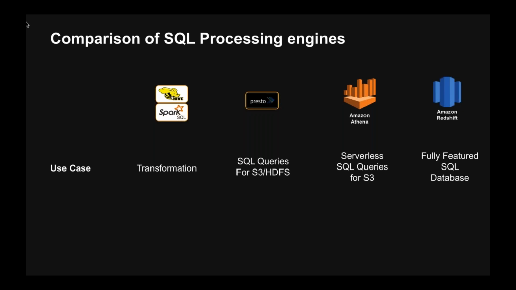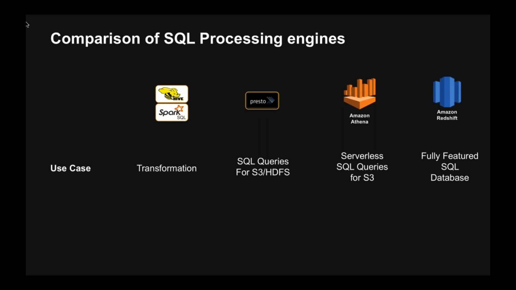Athena is similar, but you want a more serverless approach where you just want to run the queries without having to worry about a server. And then Redshift is much more a fully featured SQL database. So think about more of a data warehouse or a data analytics data mart, for example, where you need some of the facets that a database will give you. Now, it's not all or nothing as well.